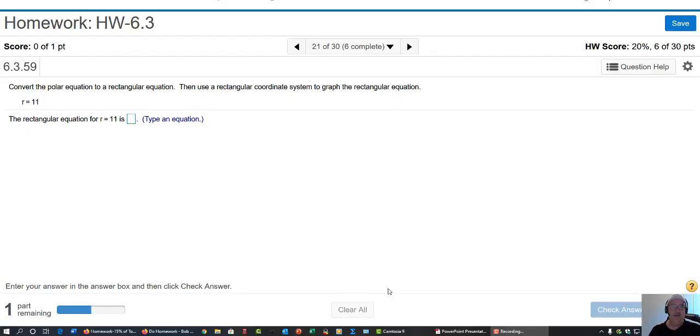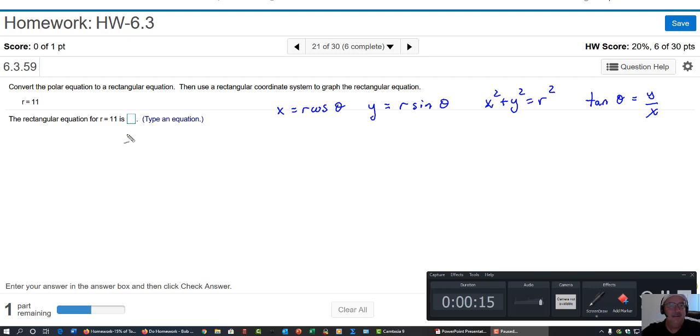All right, finishing out the lesson, let's look at one more example that may cause some issues for some people. What if they just give you a simple r equals 11 and they want the rectangular equation for that? When you look at this one, r equals 11, what do you do to get this in terms of a rectangular equation?